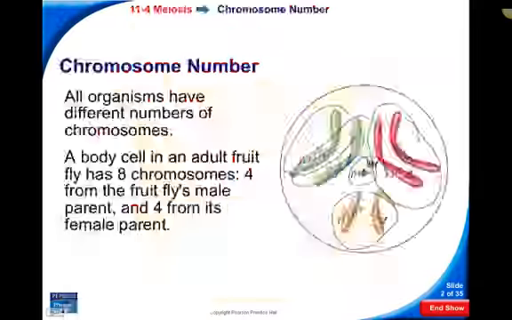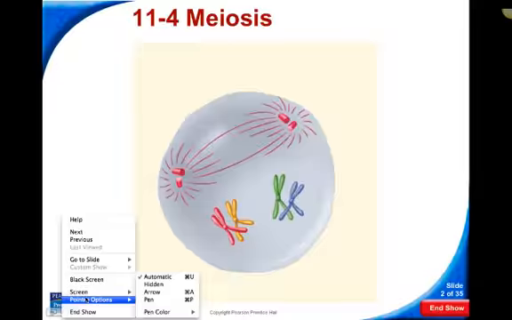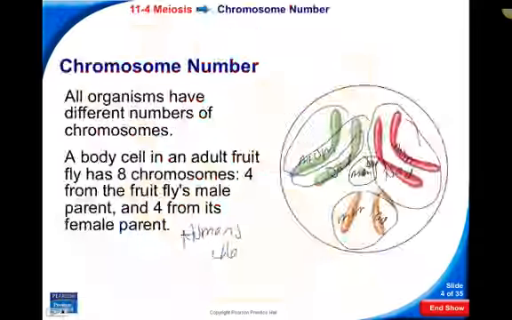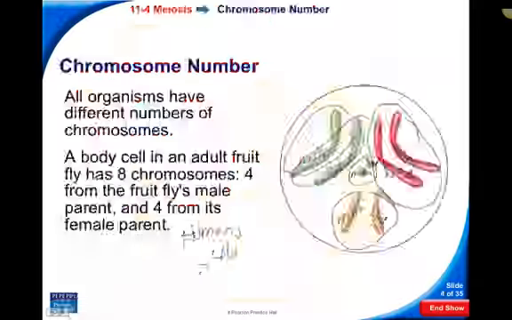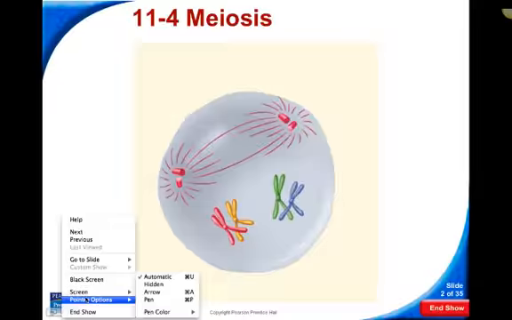Yours are very similar to this, except humans have 46 chromosomes, of which you have gotten 23 from your mom and 23 from your dad.